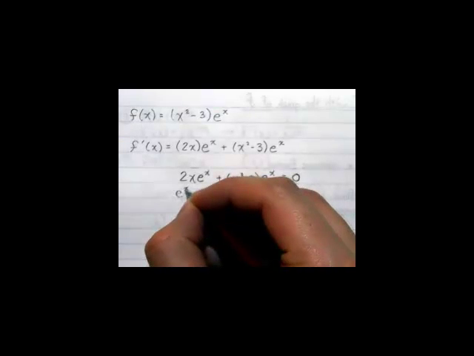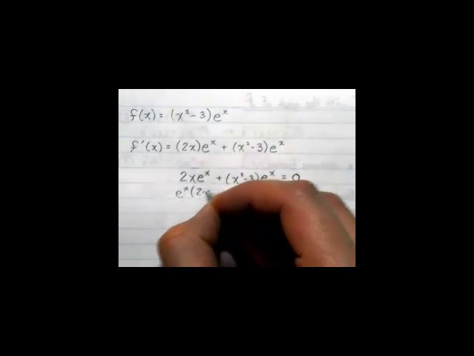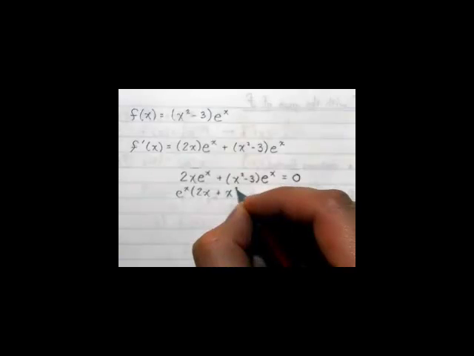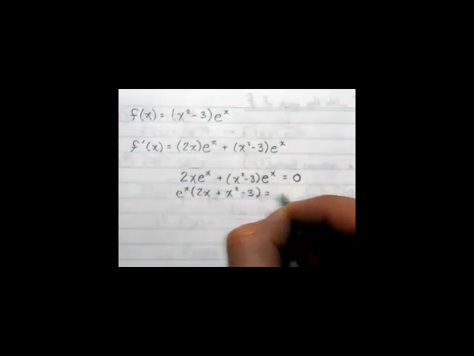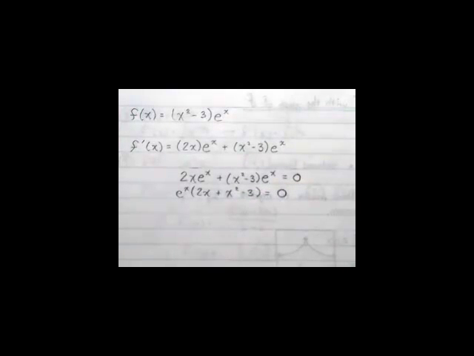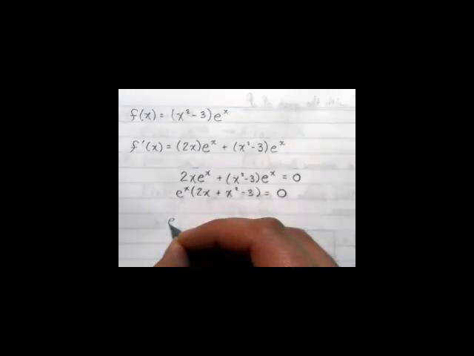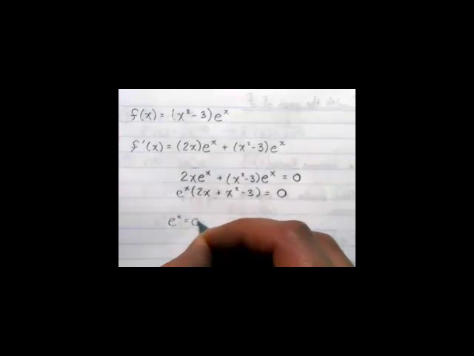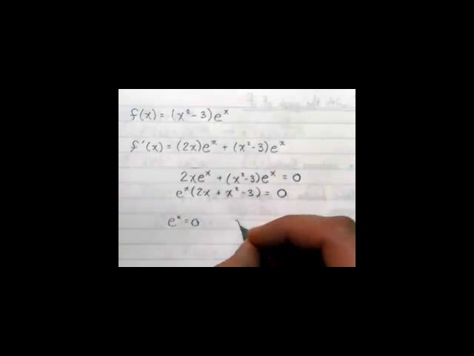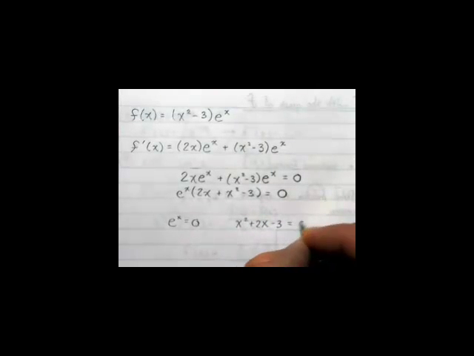So e to the x times 2x plus x squared minus 3 equals 0. And then we can use our zero product property and take each one of those products. I'm just going to rearrange this one. Set them each equal to 0 and solve them individually and see if we get anything from that.